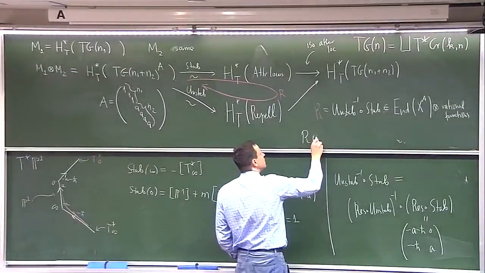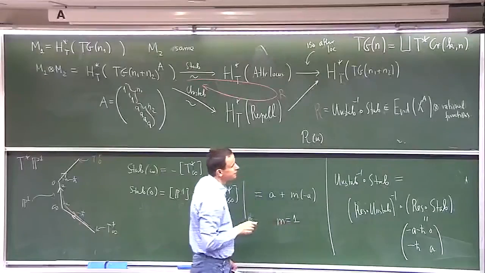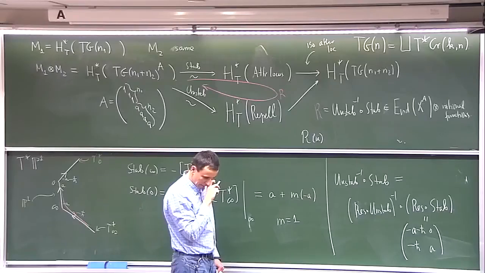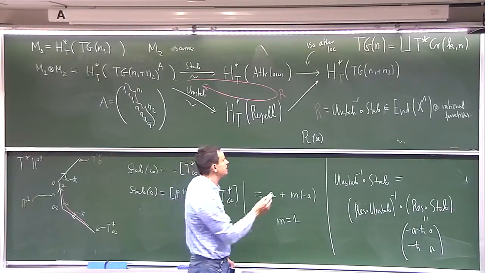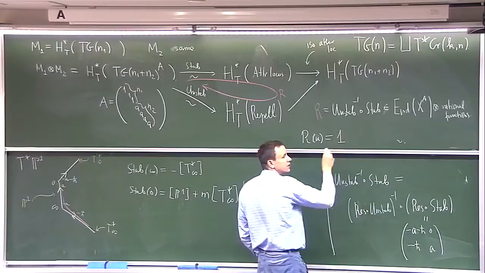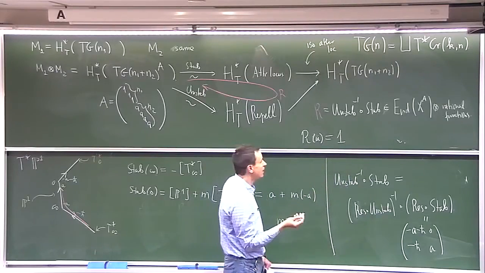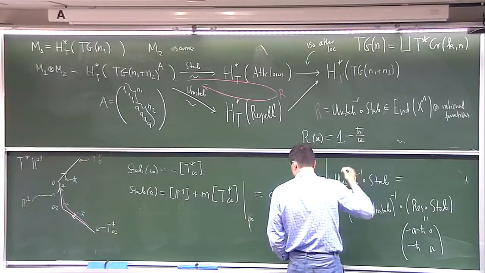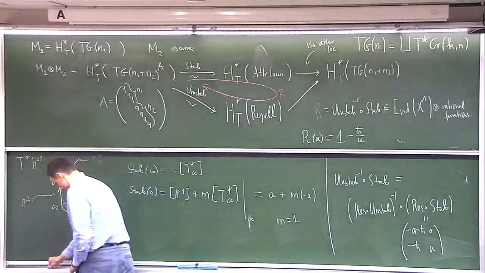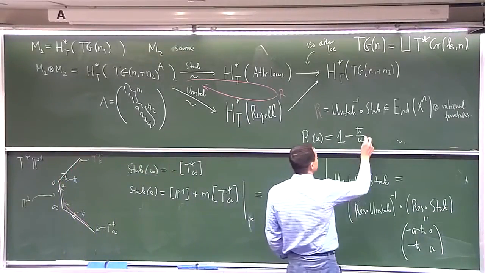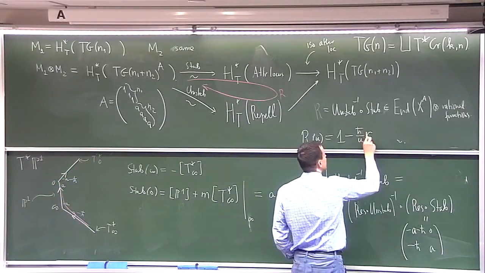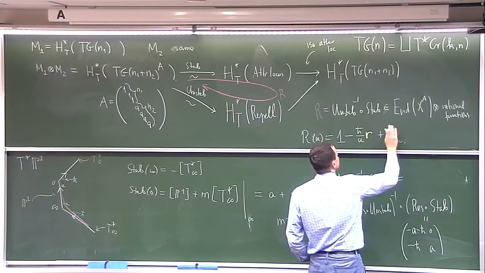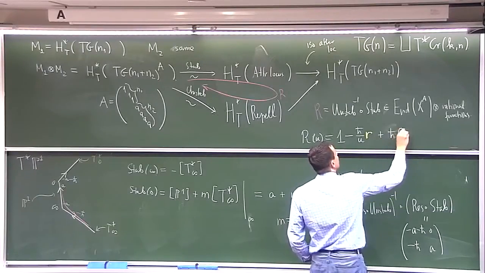So R at u is 1 at infinity, so it starts with 1. And all non-trivial elements of that are divisible by h bar. So the next term will be h bar over u times something, which is in general denoted some linear part. And then plus h bar times something called capital of 1 over u squared.